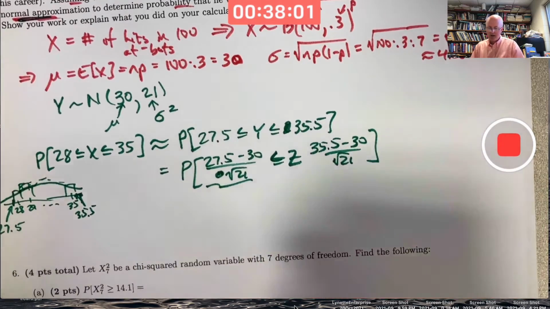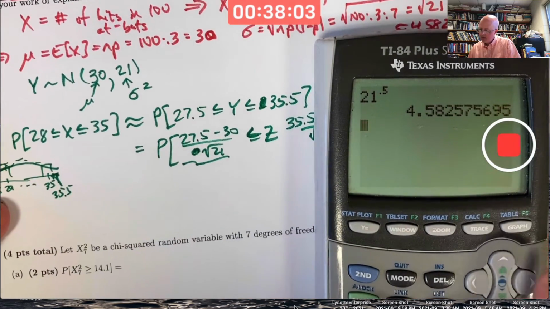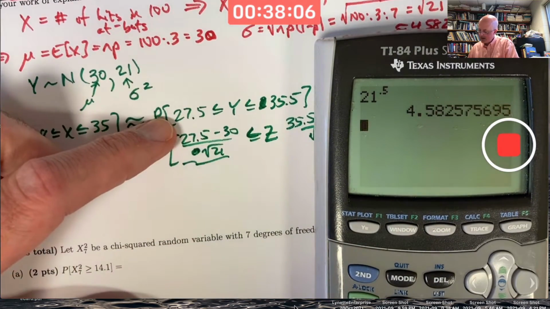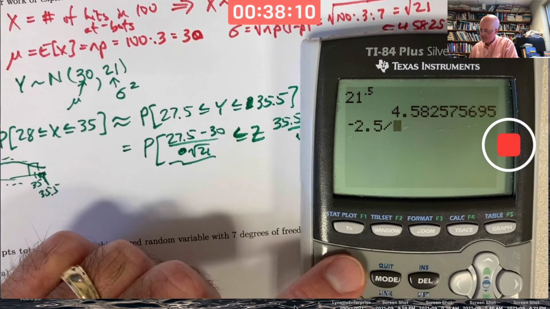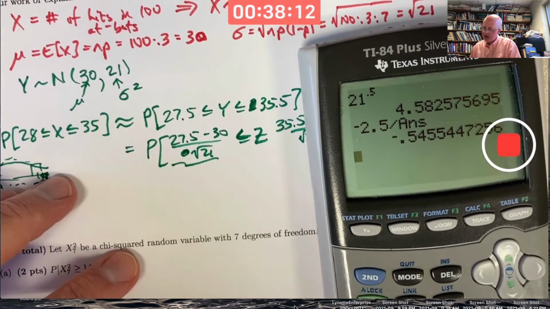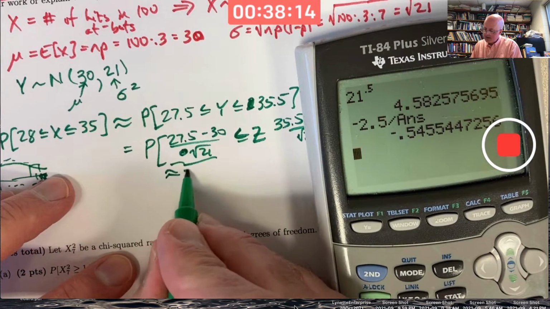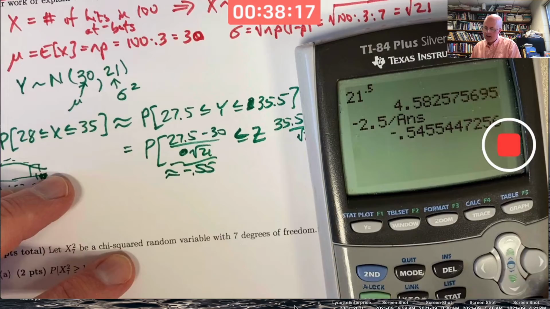What do these numbers become? Negative 2.5 divided by the square root of 21, which is already in the calculator there. This becomes approximately negative 0.55.